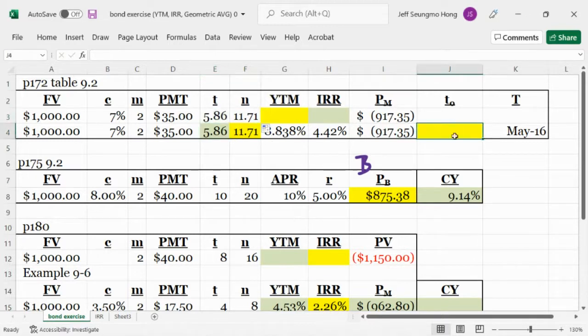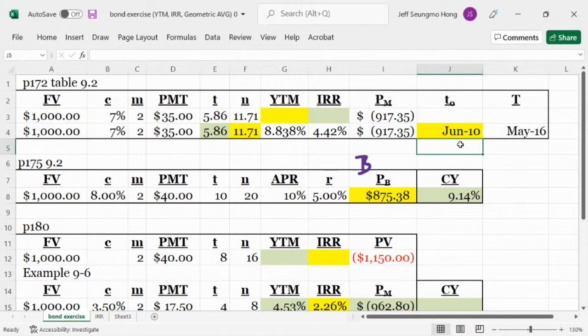And then think about it. It's 5.86 years away from May of 2016. So today's date, in other words, when the bond price was like that, is this minus this times 365, which will take you to June of 2010.